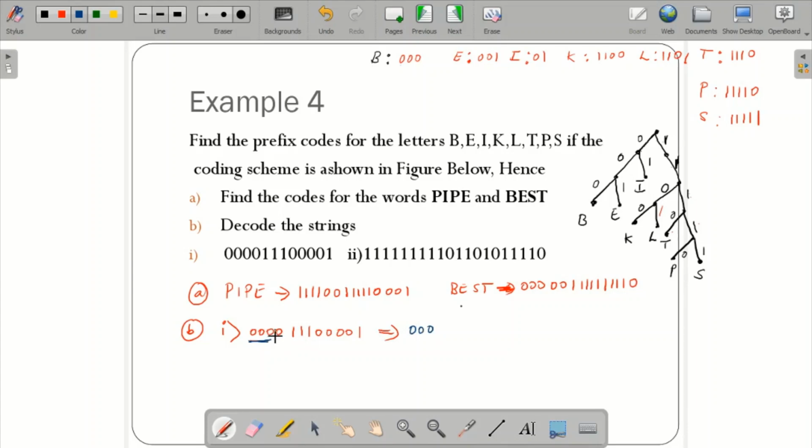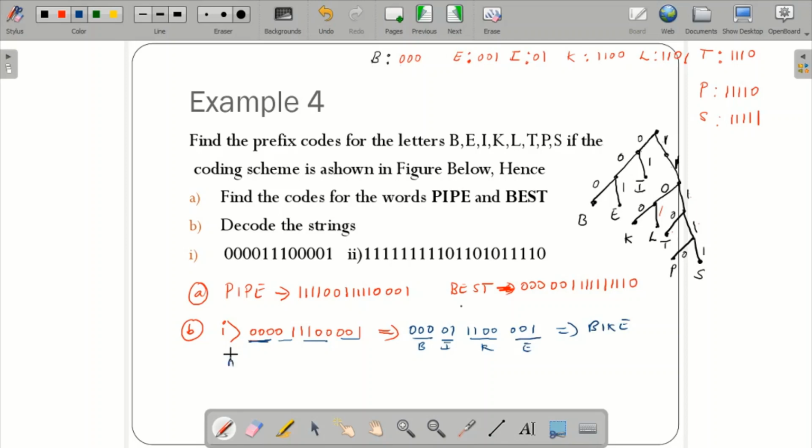I don't have 0 111, I have 0 1 over there, so I'll split like this, 0 1, and then 1100, K is there, 001, E is there. So this would give me: 000 is B, this is I, this is K, and this is E. So it would give me bike.